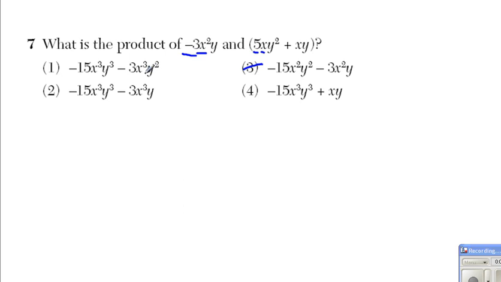Now, when you look into the next one, since negative 3 here is also still multiplying this one, we should have negative 3 on the second term, which will be these two cases. So this will be out. And x squared times x becomes x cubed, which we see in both of them. But when we have y times y, it becomes y squared. So we end up getting this one as our answer.